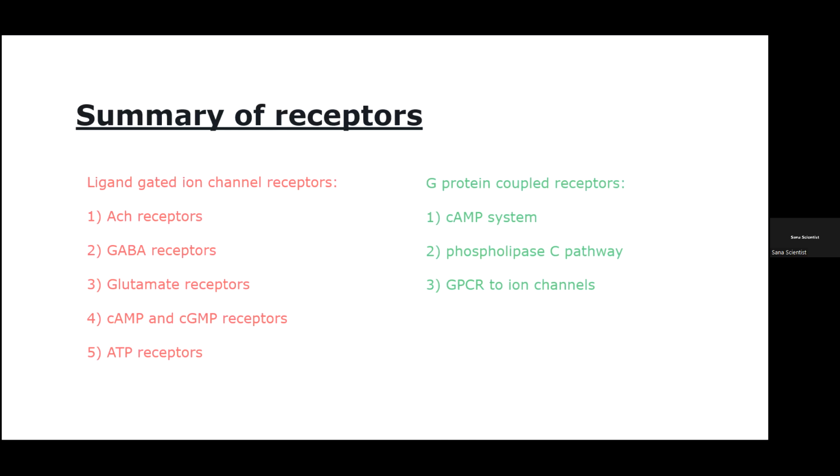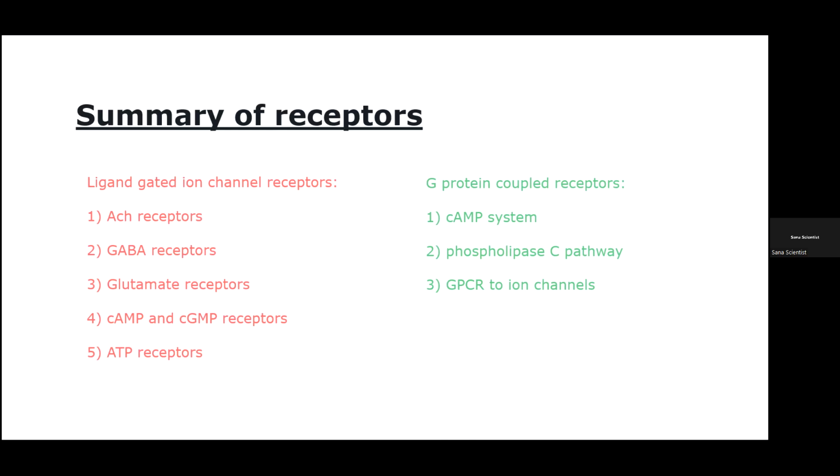It's also important to remember their structure, that they are transmembrane receptors, and they go through the membrane 7 times. The N-terminal is an extracellular area, and the C-terminal is an intracellular area.